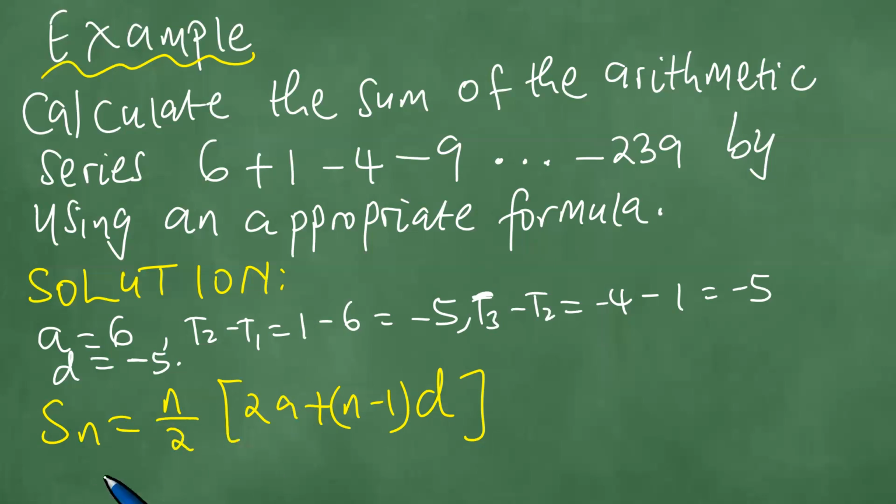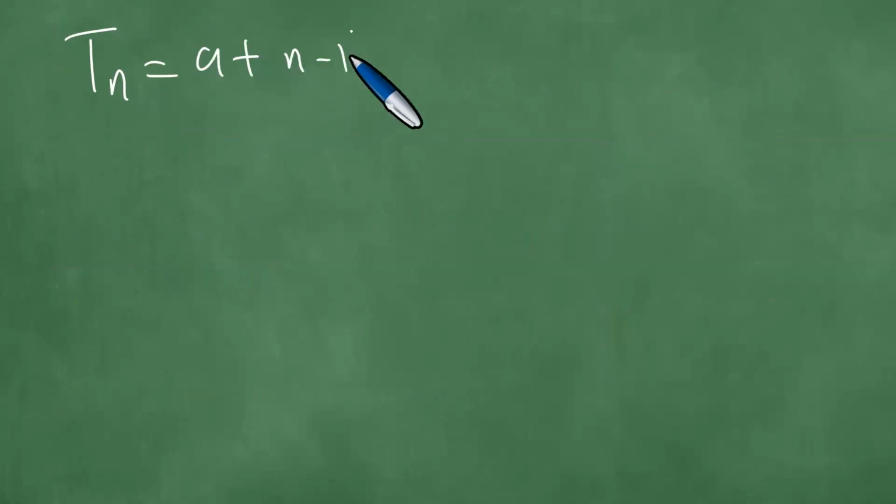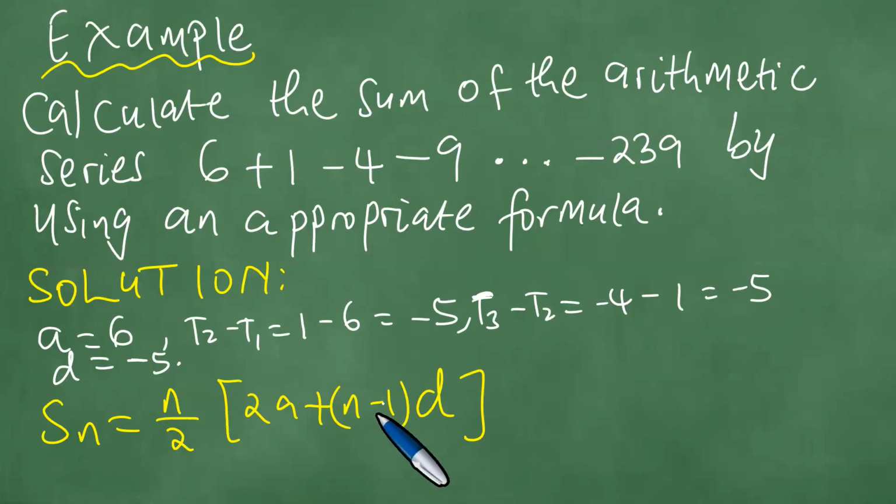To find the number of terms, we're going to use the Tn formula. Why are we using the Tn formula again? Because the question says you must find the sum, and this is the summation formula.